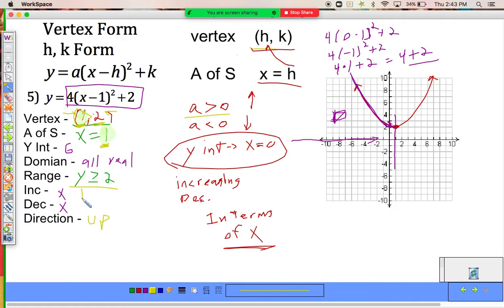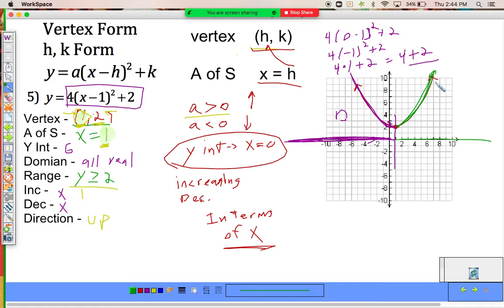Right? So over here, until I hit this point, all of these numbers on the left side of 1, my graph is decreasing. When I get to the other side of 1, and I keep drawing my graph, what's going on on the right side of 1?